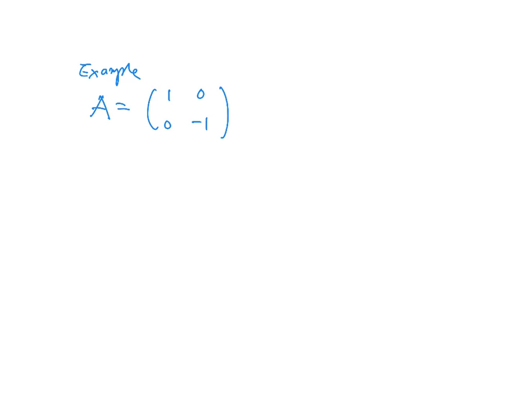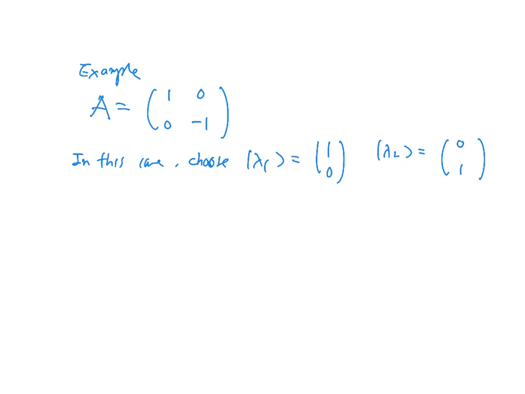In this case, choose lambda 1 as (1, 0), the easiest one, lambda 2 as (0, 1), alpha 1 is plus 1, alpha 2 is minus 1. Let's check.